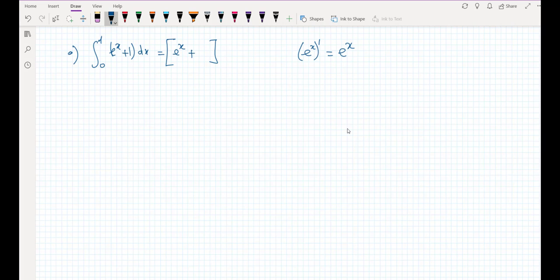The primitive function of 1 is x, between 0 and 1. Replaced by 1: exponential 1 plus 1, then by 0: exponential 0 plus 0. This is e, the number e, plus 1 minus 1, which is exactly e.